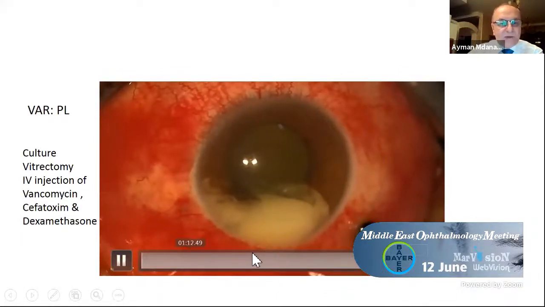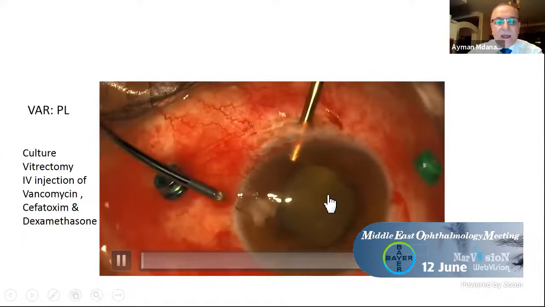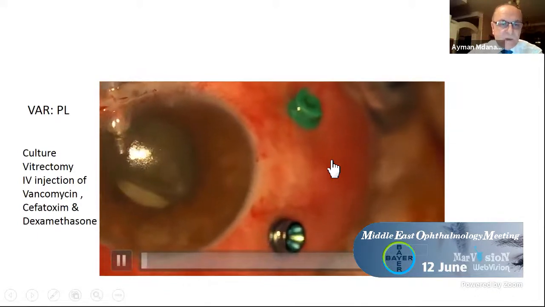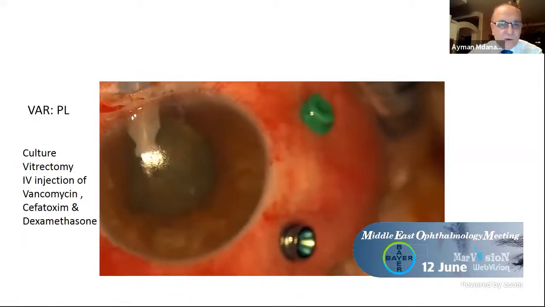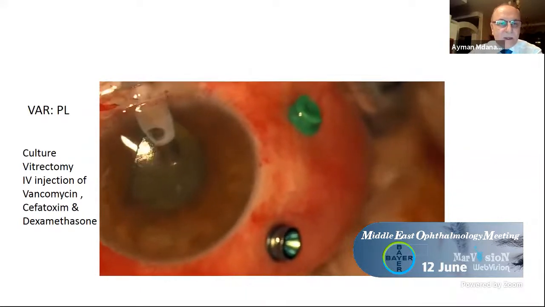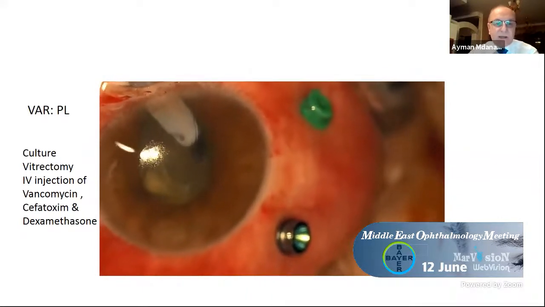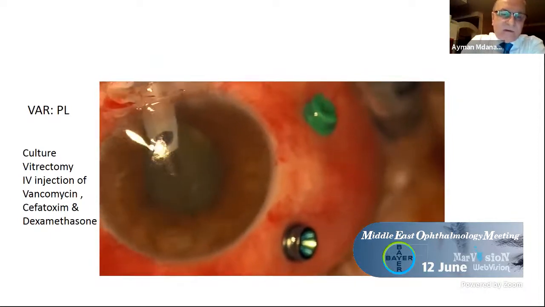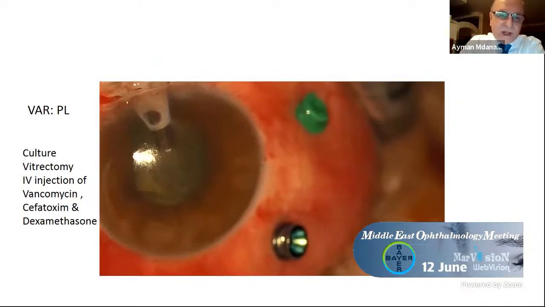The problem with this patient, he has cataract. The lens was cataractous, and we have to remove the cataract. There was no view at all. So I went in, we removed the pus, the fibrin, of course, after taking the samples from the vitreous and from the anterior chamber for culture and sensitivity.